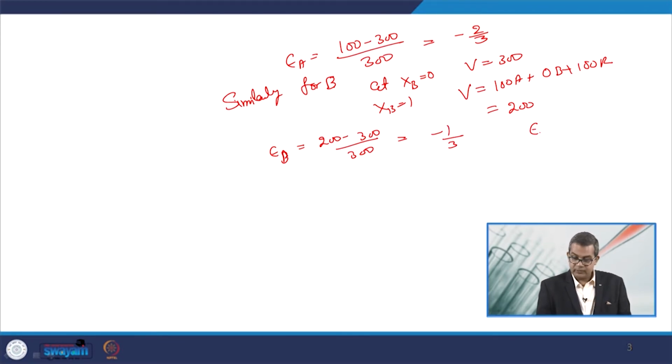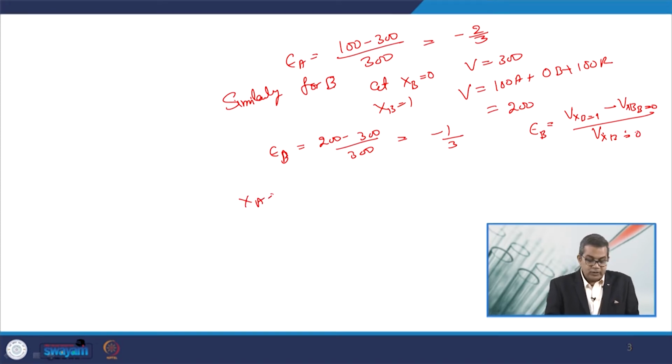Here it is needless to mention that epsilon B is equal to V at XB equal to 1 minus V at XB equal to 0, upon V at XB equal to 0.